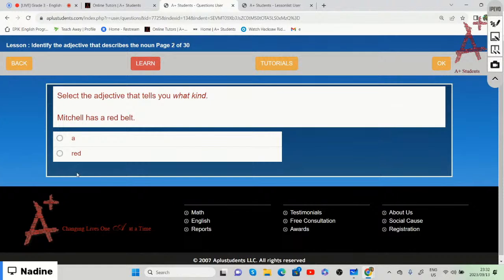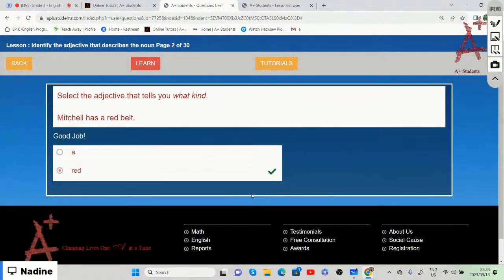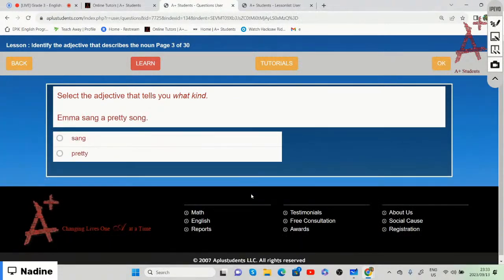If we were to describe the belt that Mitchell has, then we will say Mitchell has a red belt. So instead of saying he's got a blue belt, he's got a nice belt, we just say that he's got a red belt. So red is the adjective that tells us what kind.